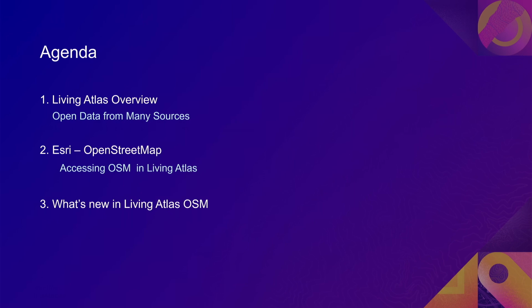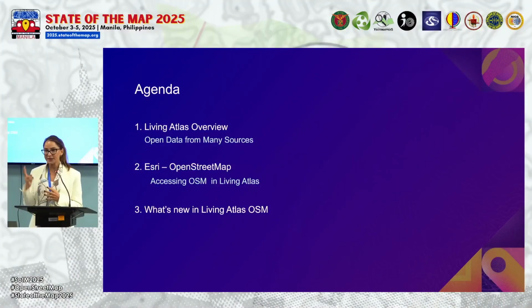Second, I'm going to talk about how Esri is related to the OpenStreetMap community and how we are sharing OpenStreetMap datasets in the Living Atlas that you can all have access to. Third, I'm going to talk about some of the enhancements that we did for the OpenStreetMap datasets in the Living Atlas.